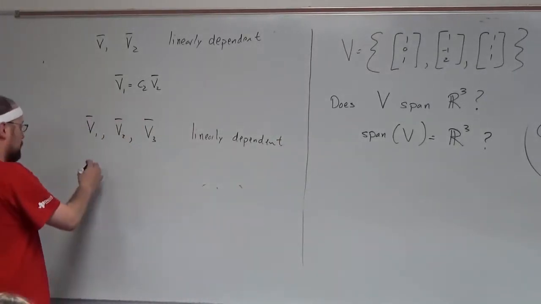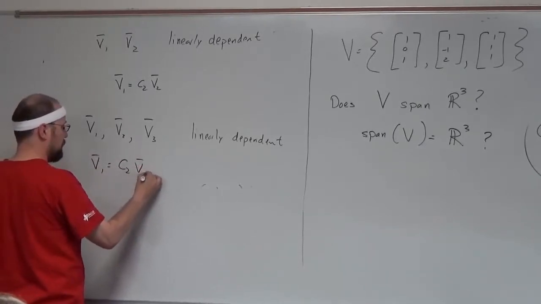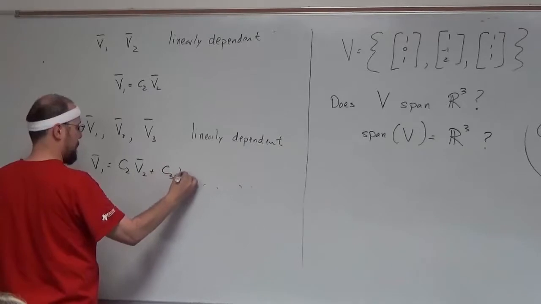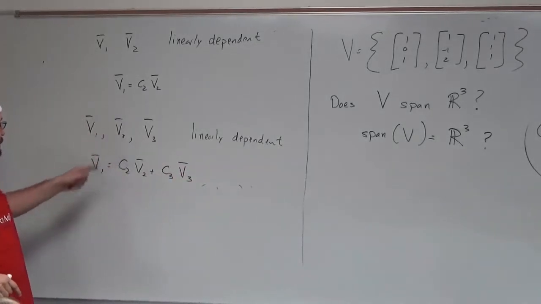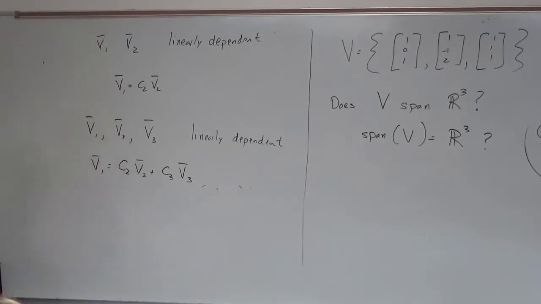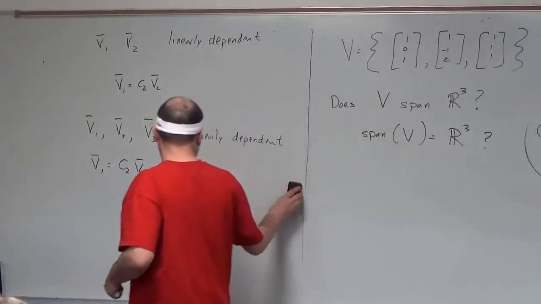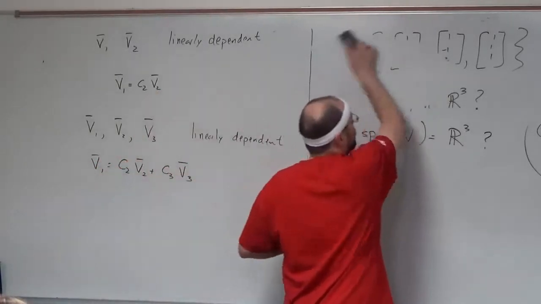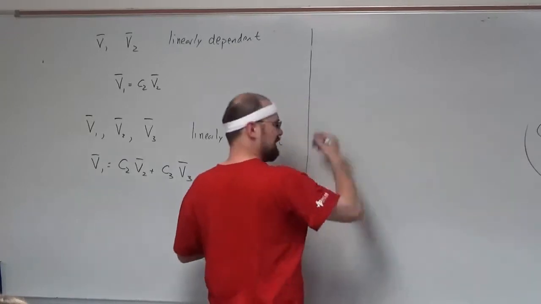So we can either express v1 as a combination of v2 and v3, or perhaps express v2 as a combination of the others, v3, and so on.